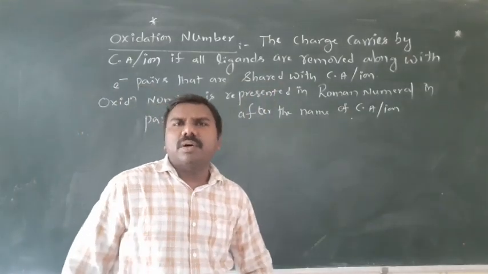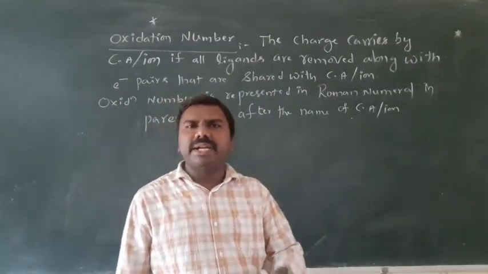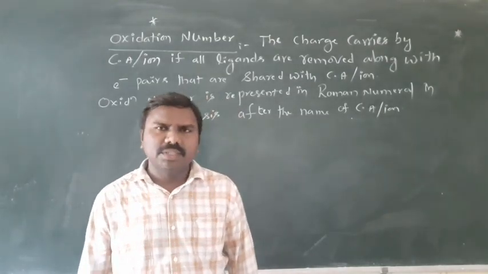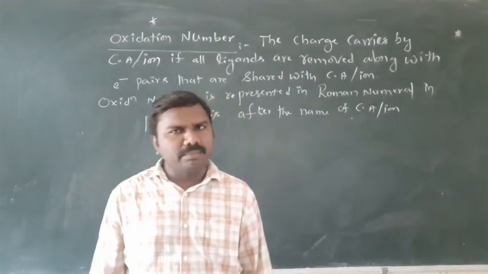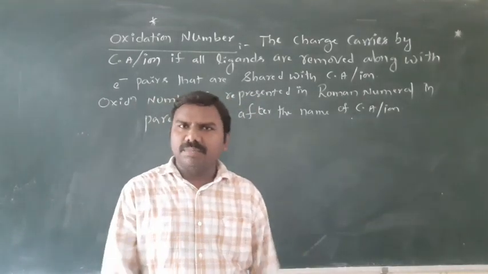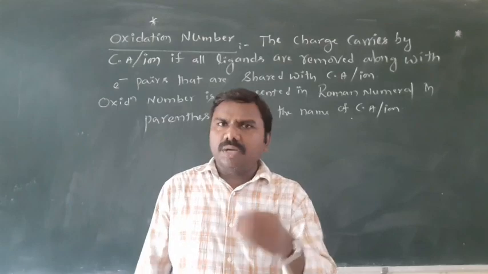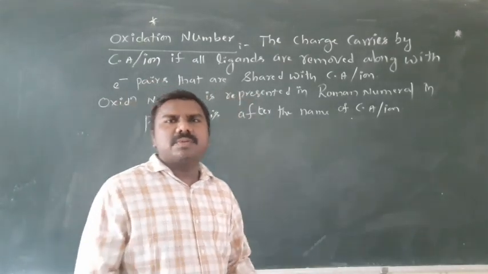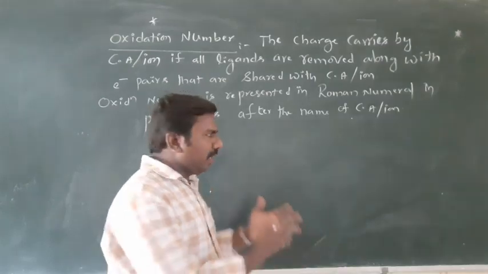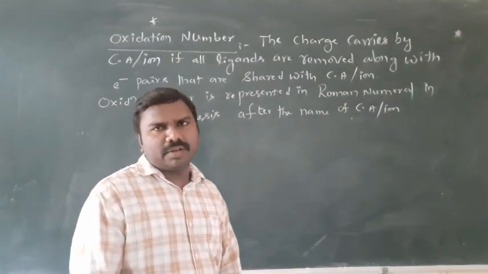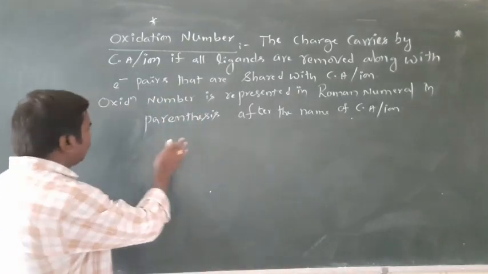While representing the oxidation number of a central metal atom in complex compounds, it must be represented in Roman numerals in a bracket, nothing but a parenthesis. As we calculated oxidation numbers in the first year course, the same procedure we can follow here. So now examples.